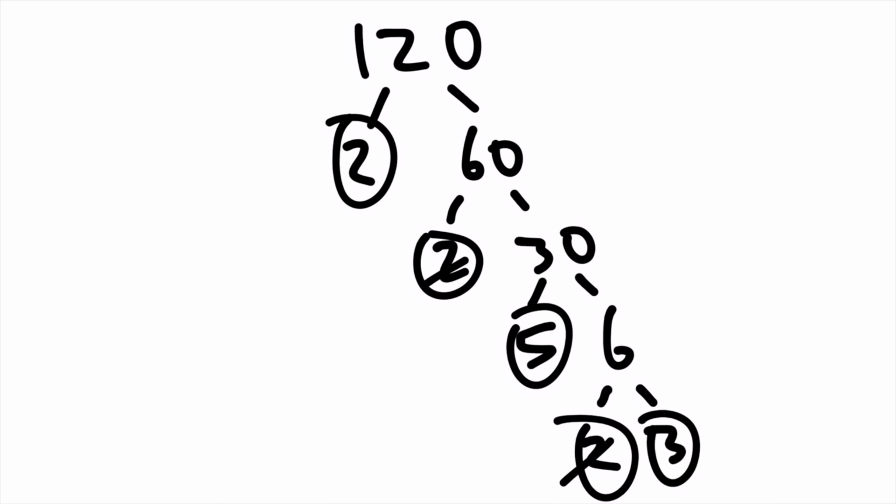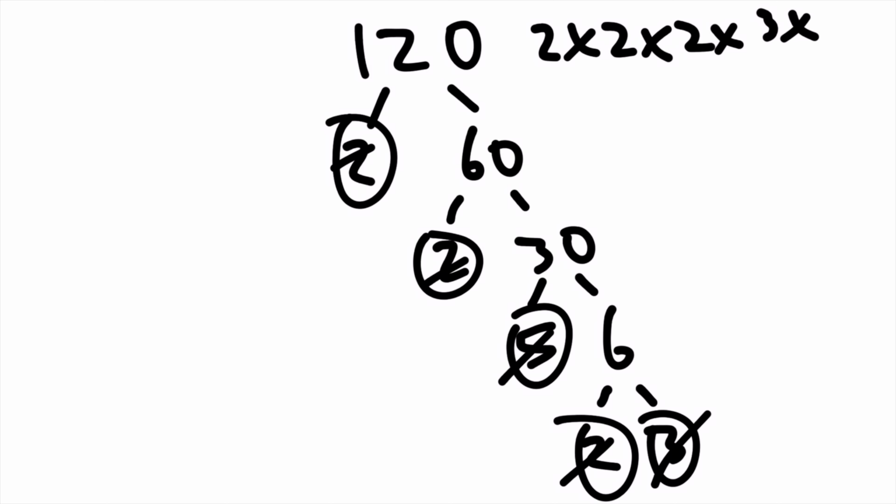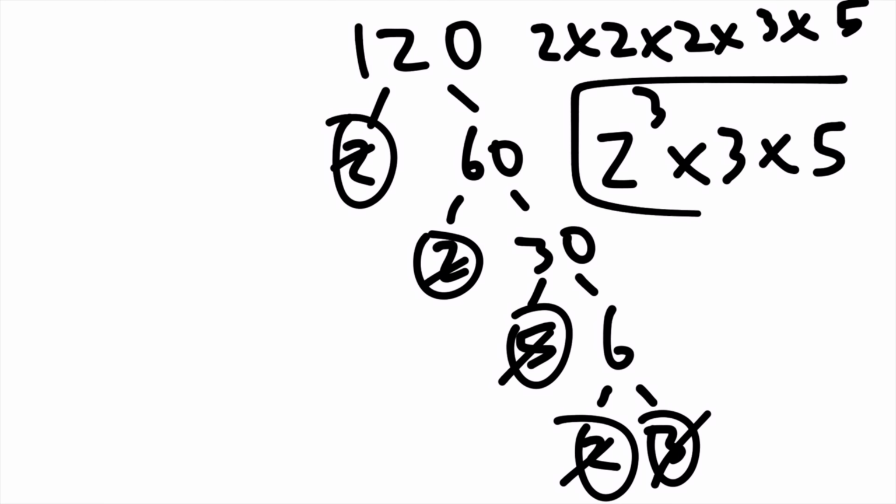And so I have 1, 2, 3 2's times 3 times 5. And again, with exponents, that would be 2 to the third power times 3 times 5. And that is the prime factorization of 120.